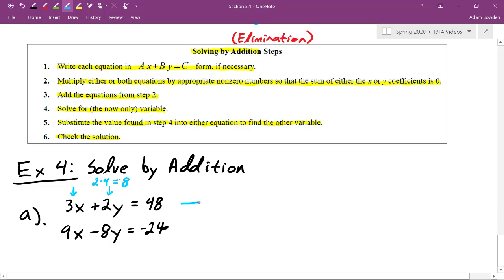So that's actually what I'm going to do here. I'm going to take the first equation, equation number 1, we'll call it. And what I'll do with equation number 1 is I'll multiply through by 4. So I'm going to multiply all the numbers in equation 1 by 4.